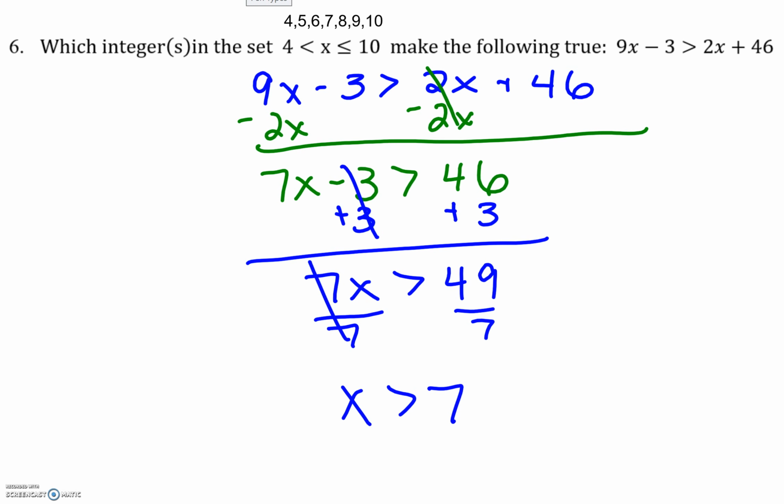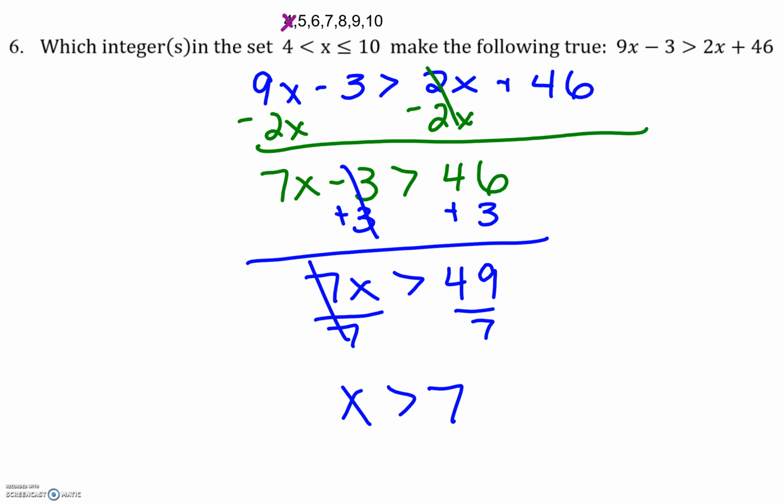So let's look at our domain. So we want to know between 4, 5, 6, 7, 8, 9, and 10 because those are the numbers between 4 and 10. Let's look at this symbol right here. There is no line underneath, so 4 actually isn't included. But here, the inequality symbol with the 10 does have a line, so that means 10 can be included.